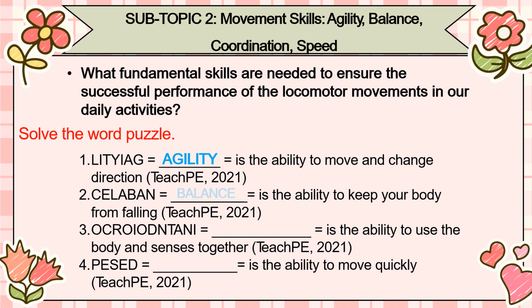That's correct. Balance. Number 3, it is the ability to use the body and senses together. Very good. Coordination. The last one, it is the ability to move quickly. Okay, speed.